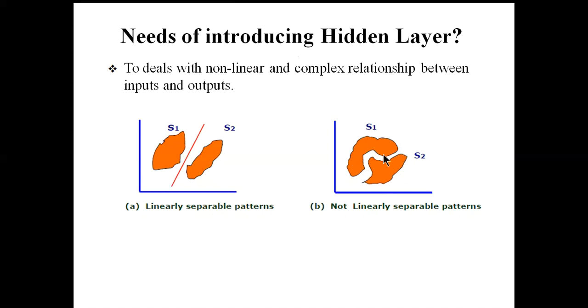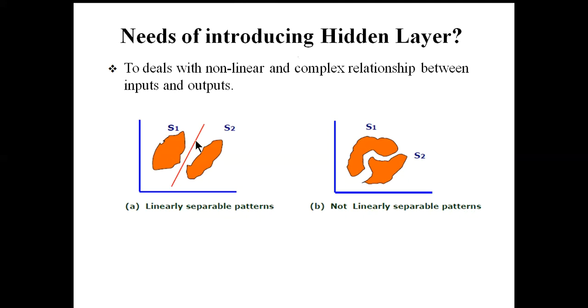Whereas if this type of shape is obtained, that will be called a non-linearly separable pattern. That means we cannot draw a line or plane in between s1 and s2 so that we can differentiate the s1 portion and s2 portion completely. We have to draw a non-linear curve, but we want to draw a line or plane. So non-linearly separable patterns arise due to the non-linear relationship between input and output.